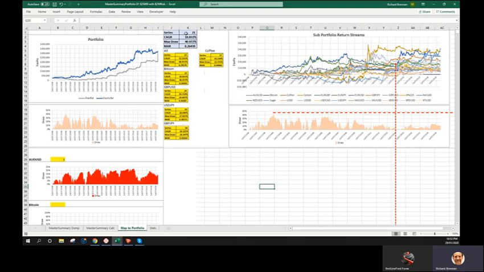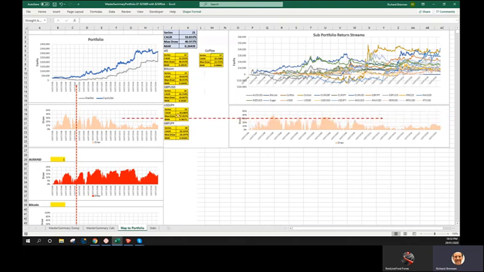So at this point here, I've turned on 21 instruments, excluding Bitcoin. Now what I want to do is eliminate the instruments that are contributing to this significant drawdown that we're experiencing. The highest drawdown in this period was achieved over here in 1999.